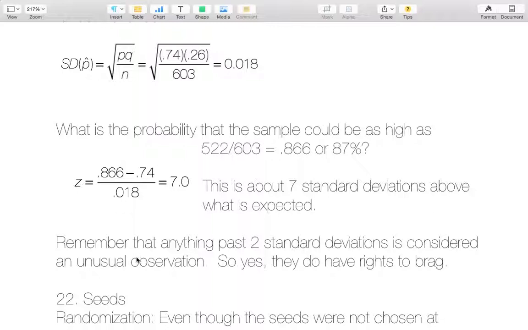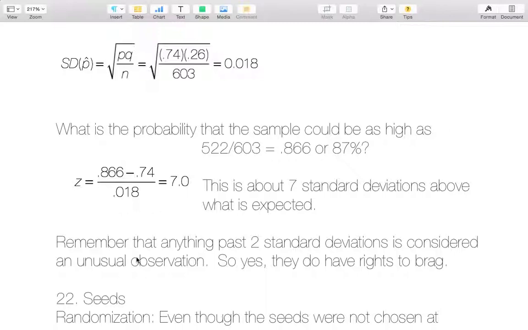Okay. Number 22. In this case, it's going to ask us to go through a couple of things. Information on a packet of seed claims that the germination rate is 92%. What is the probability that more than 95% of the 160 seeds in the packet will germinate?